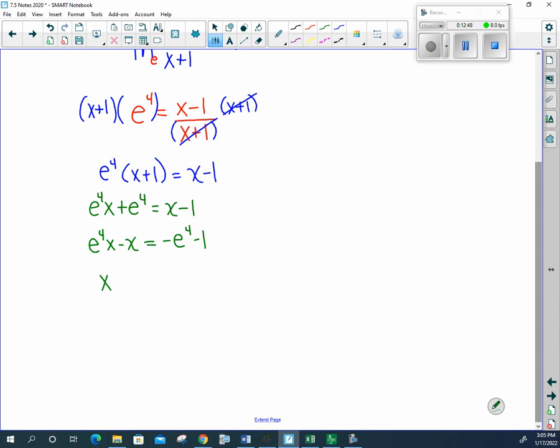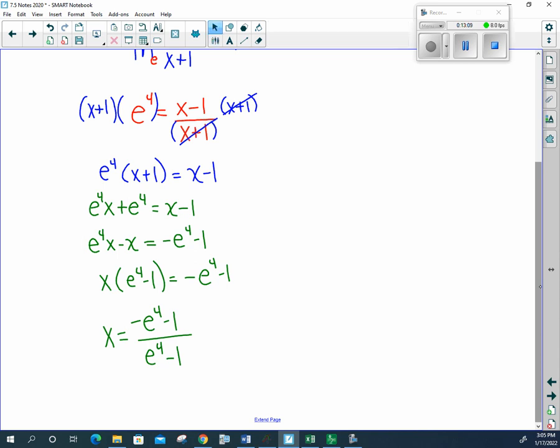I'd factor out the x, and then I would divide by this e to the 4th minus 1. Okay, this is what we call an exact answer. There's no rounding. This would be the exact answer: negative e to the 4th power minus 1, divided by e to the 4th, subtract 1.